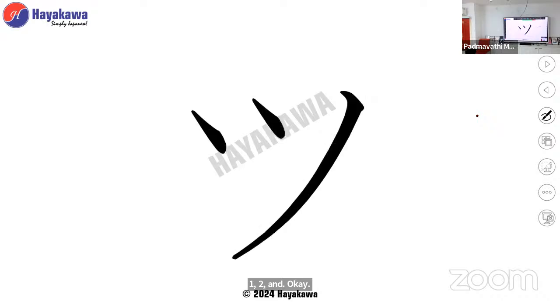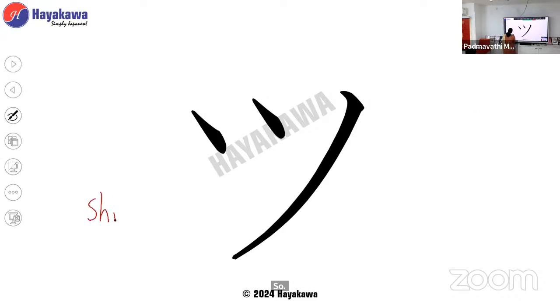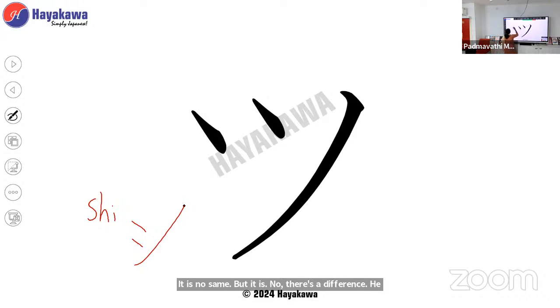Next will be, what is the next character? Tsu. Very good. Now we will compare it with she. Already we saw she, right? It is the same, but there's a difference. We must be able to identify it. That is why we learn it with hiragana.